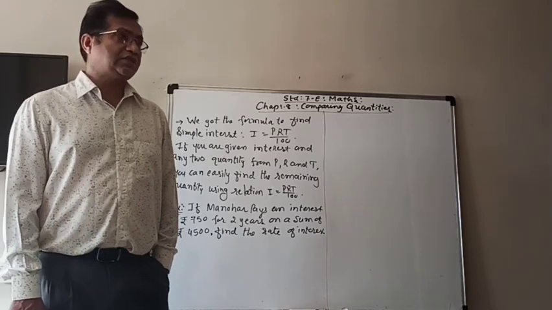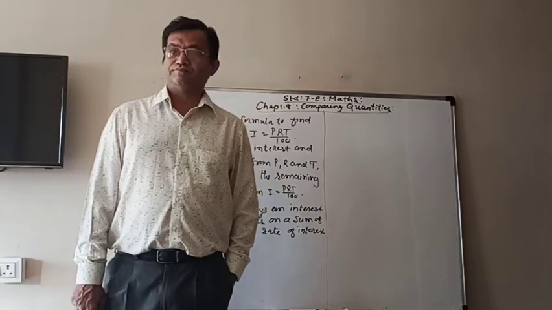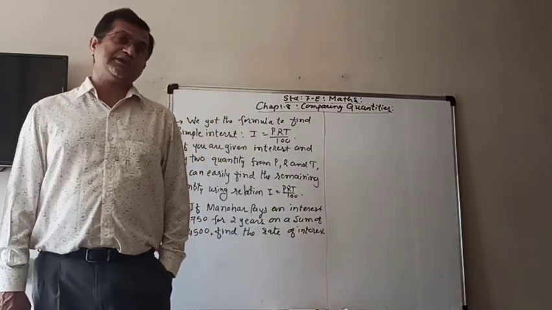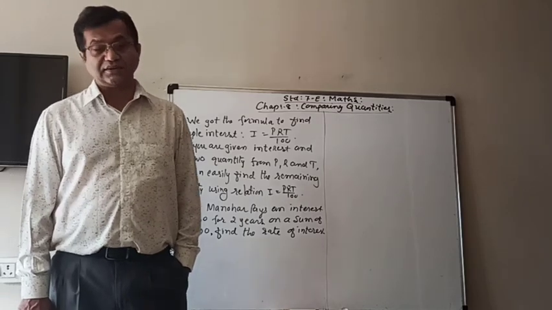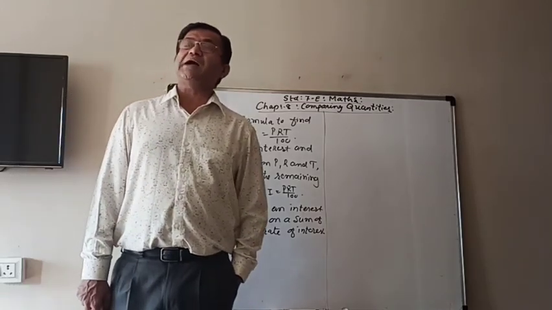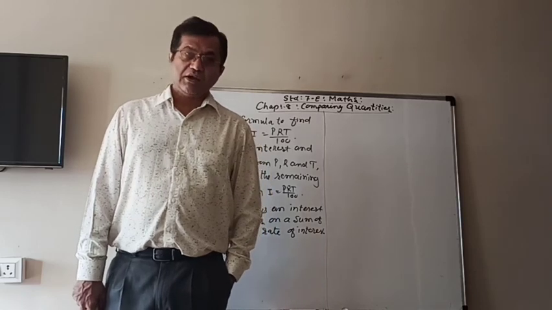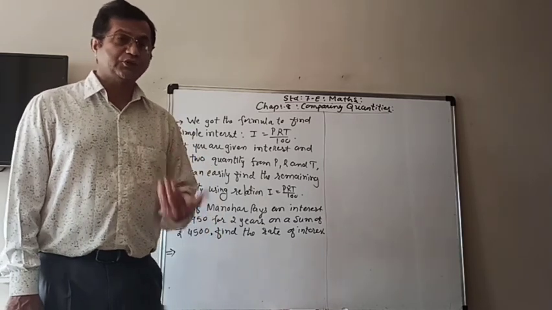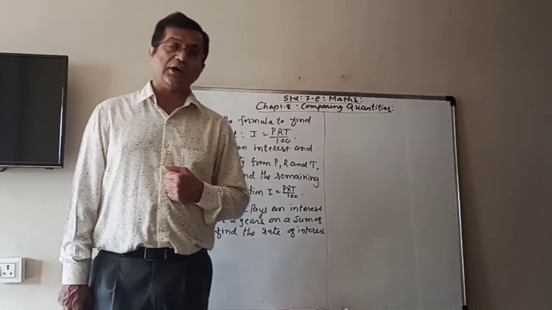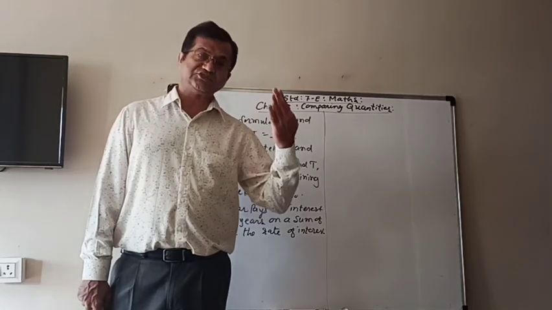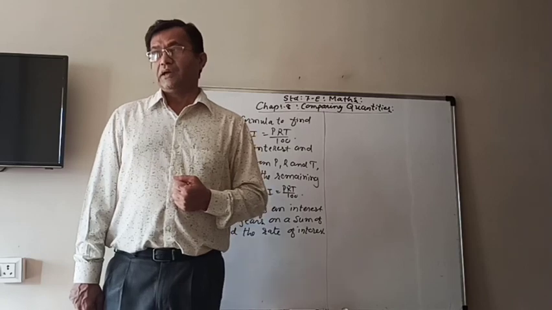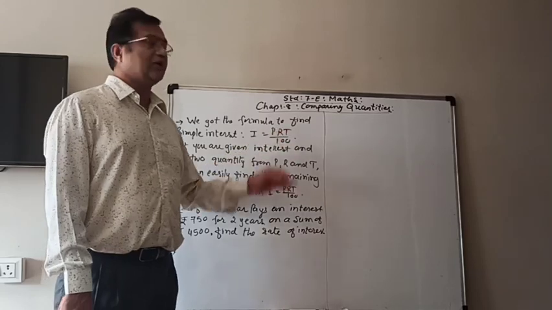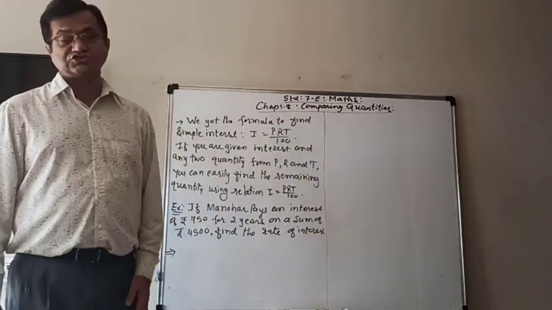So when you take the money or you invest money, the rate of interest will be mentioned, that 6%, 7%, that is R. And T is the time period, means how many years you put the amount or you borrow the amount, 1 year, 2 years, 3 years, 4 years, etc. And you use the formula I is equal to PRT upon 100, where I is the interest.